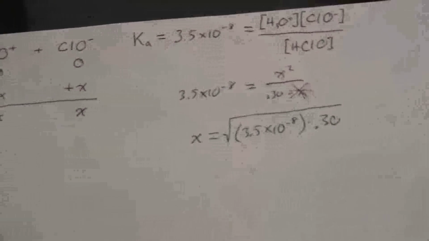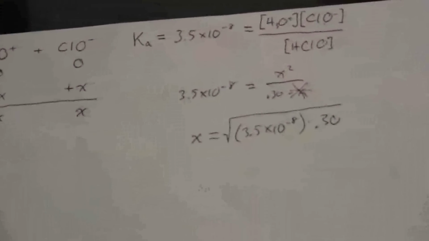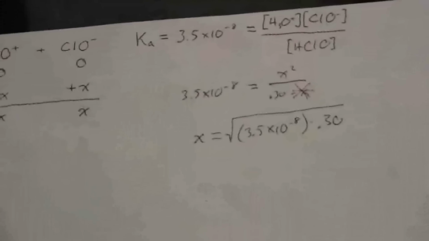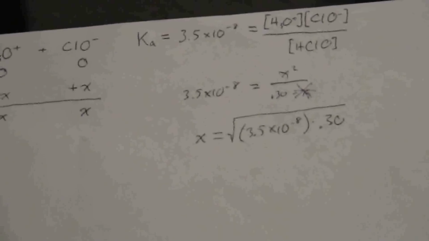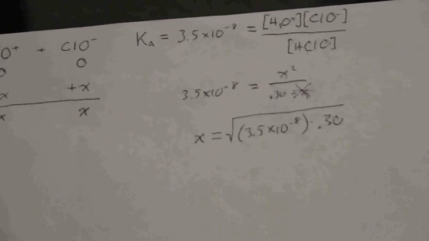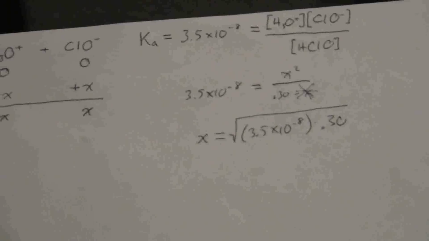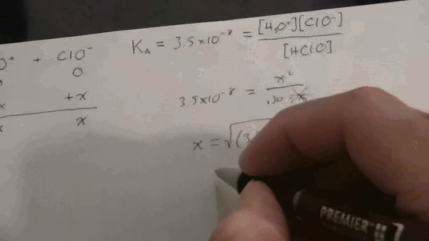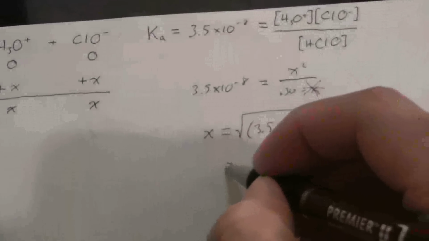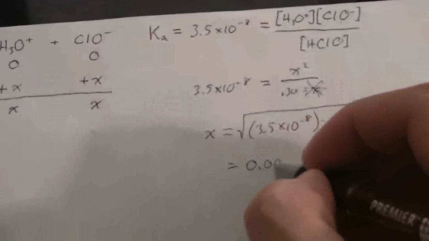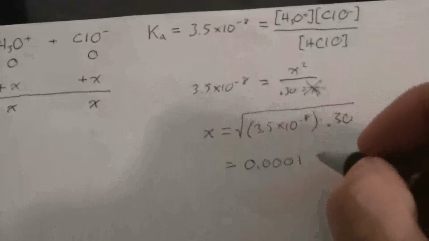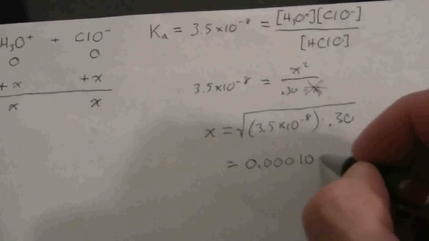So what we end up with is 3.5 times 10 to the minus 8th times 0.3, take the square root of that, and we have x equals 0.000102.